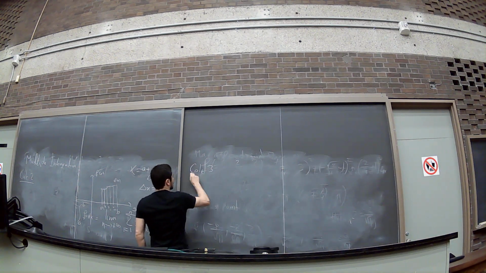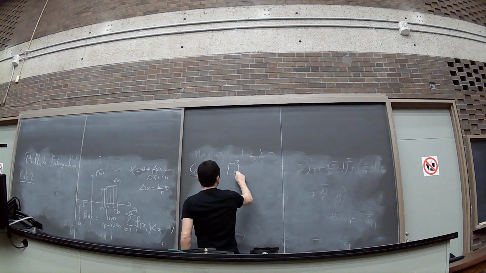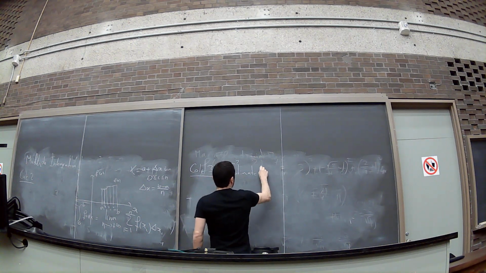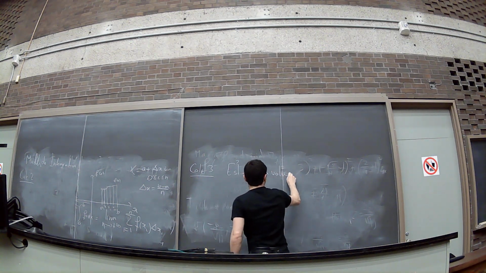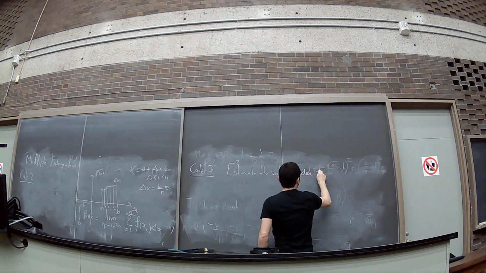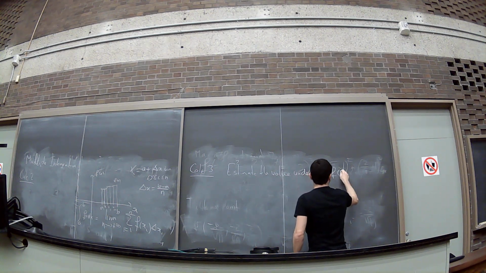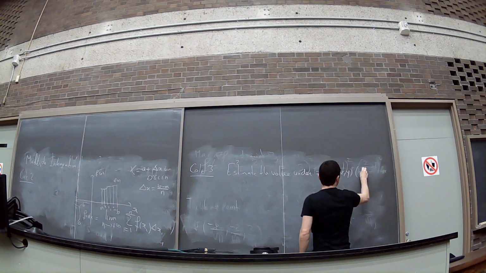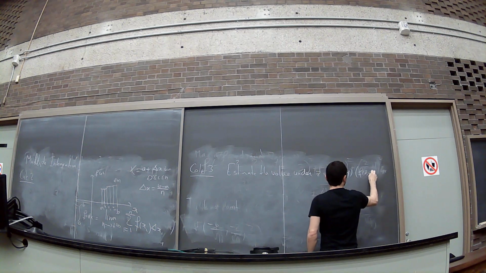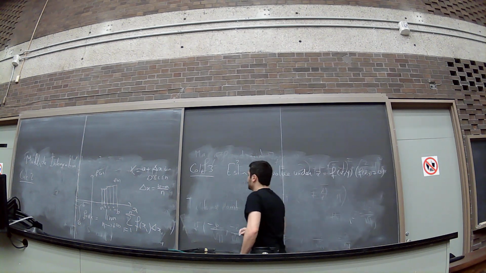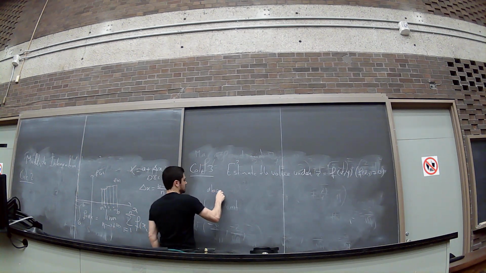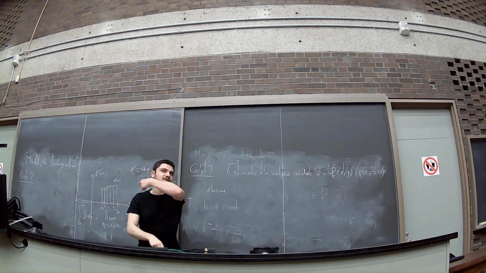Now the goal is to estimate the volume under z equals f of x, y, where f of x, y is a positive function, above the rectangle. This is all motivation. So we will not do this in class 3 anymore.